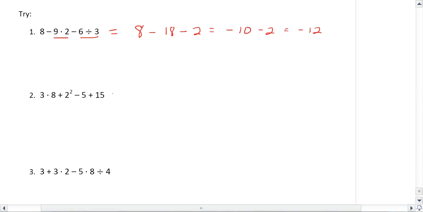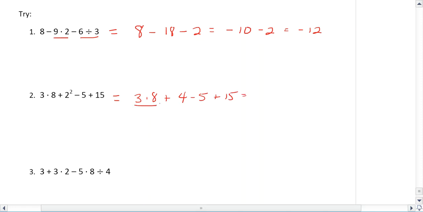On example 2, again showing a little bit of work here. Parentheses first, exponents next. So we'll be doing this 2 to the second power. So I have 3 times 8 plus 4 minus 5 plus 15.